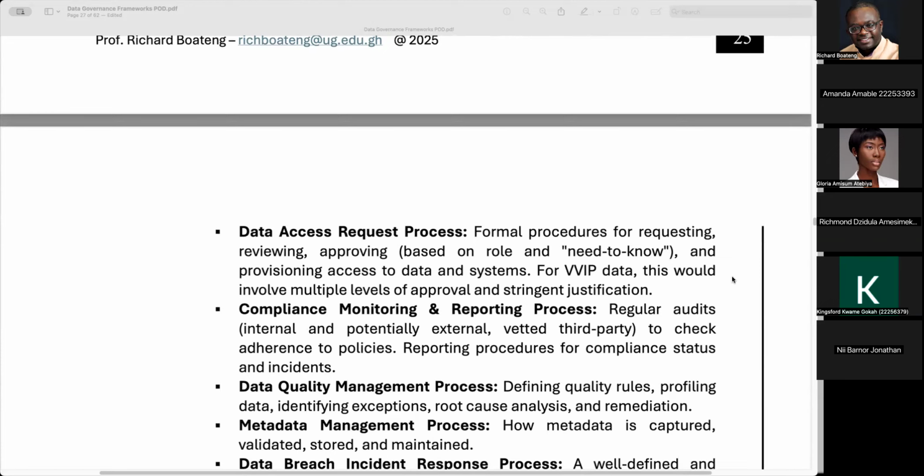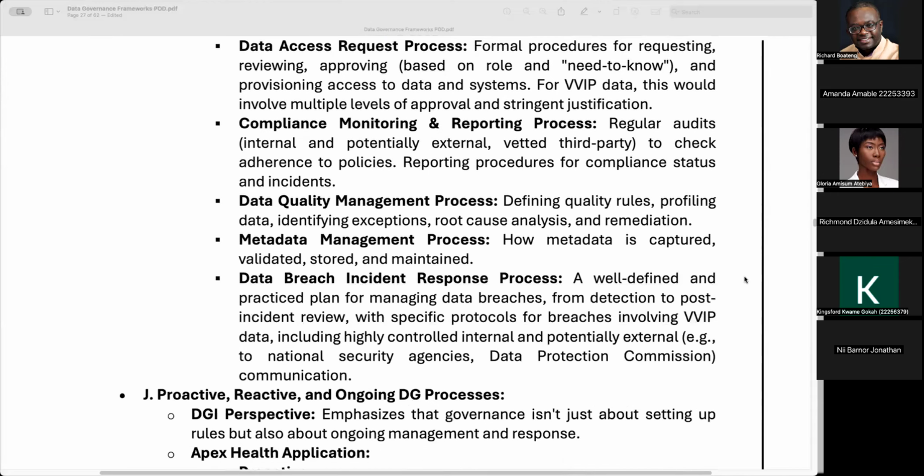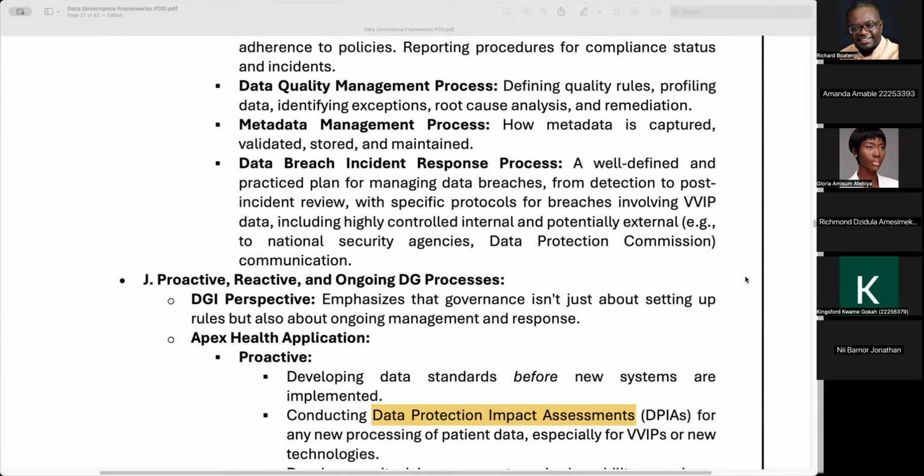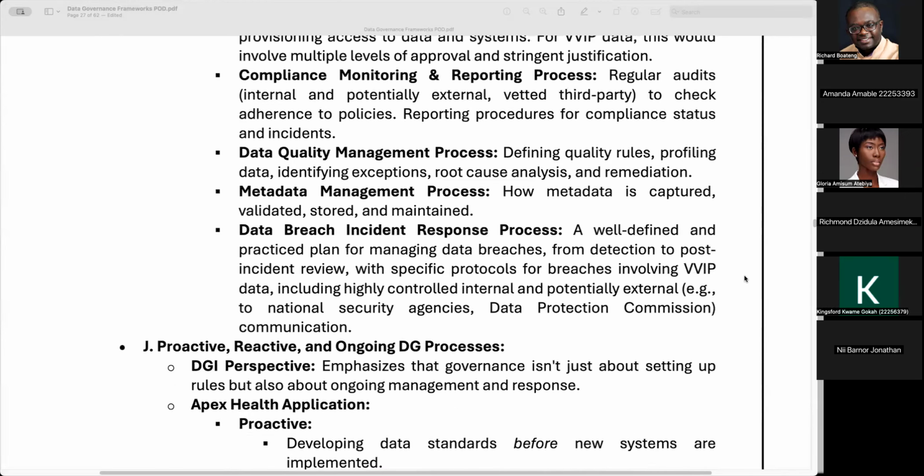A formal data access request process, using standardized forms or tools requiring clear justification, routing requests through defined multi-level approval workflows, potentially involving data owner, manager, and security for sensitive data, ensuring approvals are documented, access is provisioned according to least privilege, and access is reviewed periodically. Continuous compliance monitoring processes, including regular internal audits of data handling practices, generating reports for management and the DG Council, and preparing documentation required by external regulators like the Act 843 Commission.